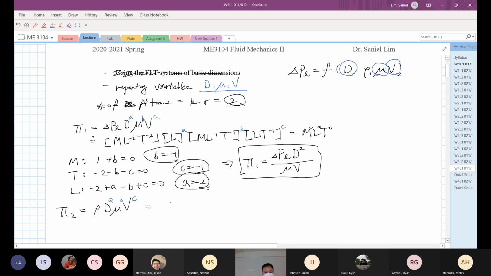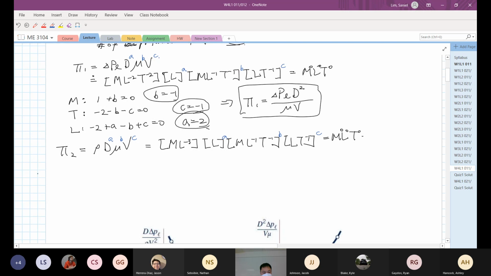And then this is m l minus 3, l, l minus 1, t minus 1, l minus 1, t minus 1, and then exponents a, b, c, all 0. Okay. If you solve them, you find the pi 2 is going to be simply rho v D over mu. What is this?